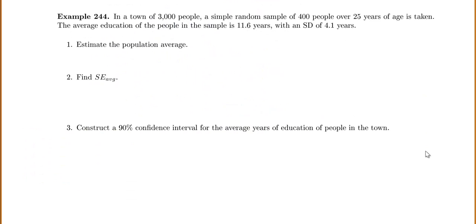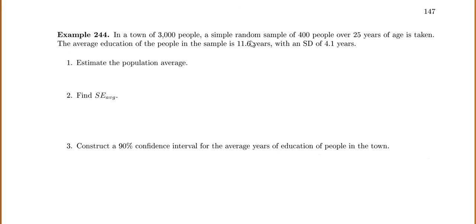So for our next example, in a town of 3,000 people, a simple random sample of 400 people over 25 years of age is taken. The average education of the people in the sample is 11.6 years with a standard deviation of 4.1 years. So write down your information. My sample size is 400. It's talking about the education of the people in the sample, so these numbers are for the sample.